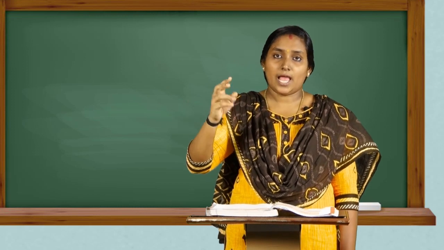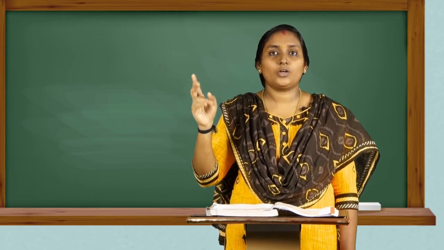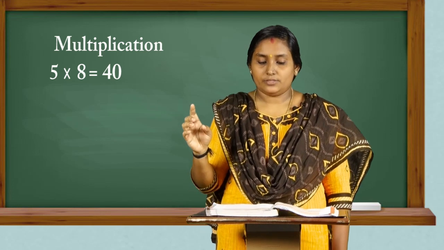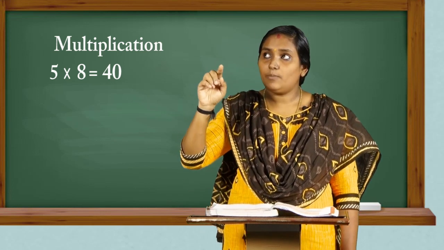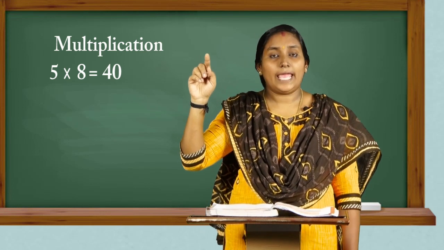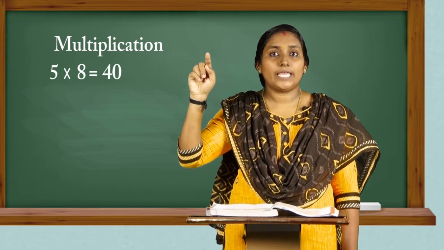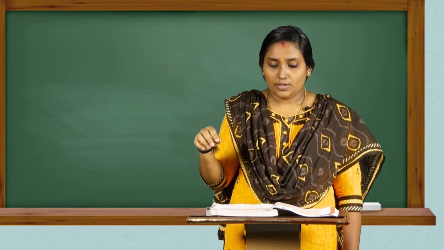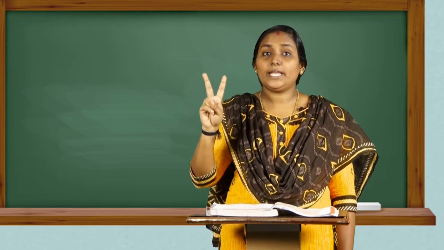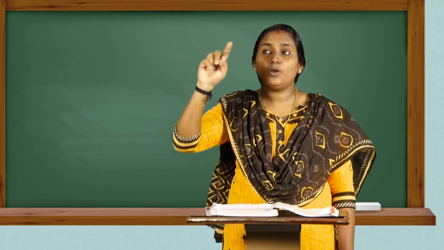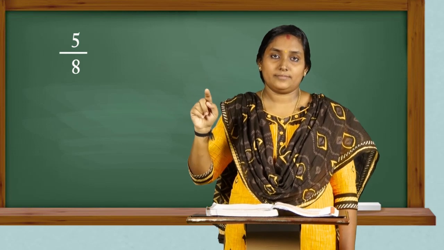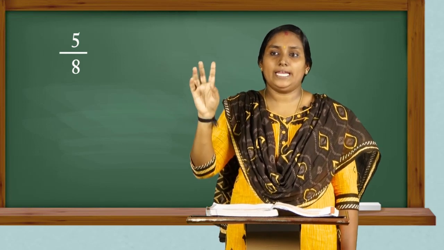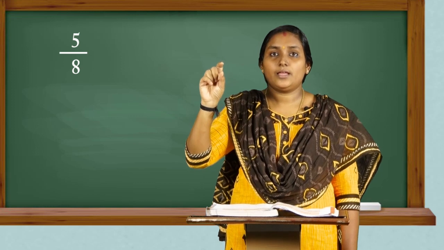So, in addition and subtraction, the integers are closed. In multiplication also, for example, 5 into 8 gives 40. It is also an integer. While dividing two integers, for example, 5 by 8, we will not get an integer because it is a fractional number.